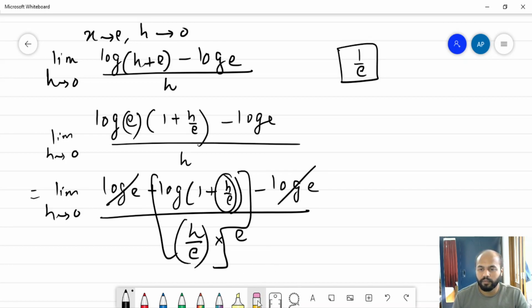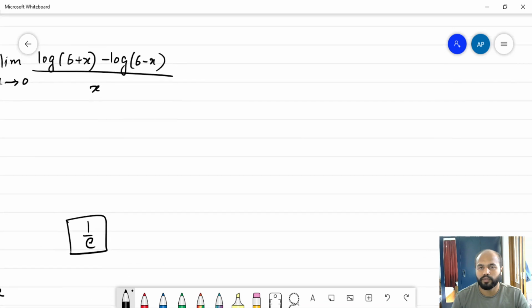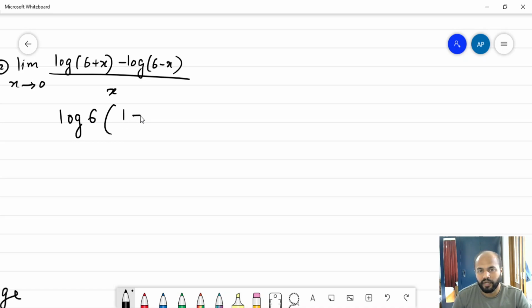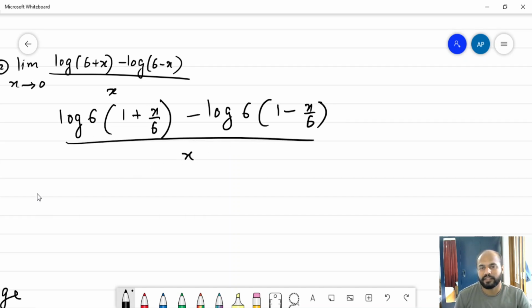Let's take the next problem now. Problem number 2 is this: log of (6 + x) minus log of (6 − x), divided by x. Here also we are going to use somewhat a similar trick, and the first thing we will do is take out log 6. So log 6 when I take out, we are going to get 1 + x/6 inside, and here we are going to get log 6 into (1 − x/6).